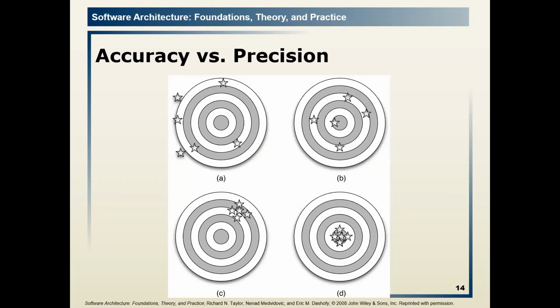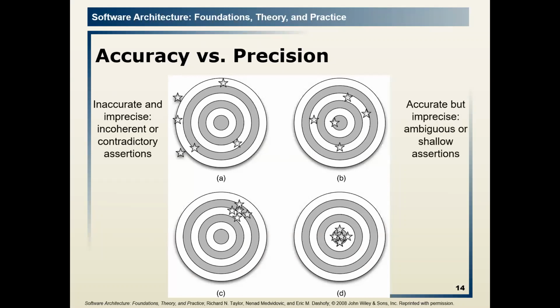Then B has a little bit of accuracy because one of the points has hit the target in B, right? But still it is imprecise because it is all over the place. It has not repeated. So it is accurate, okay, because most of the points are close to the center, but it is imprecise because ambiguous or shallow assertions are made.